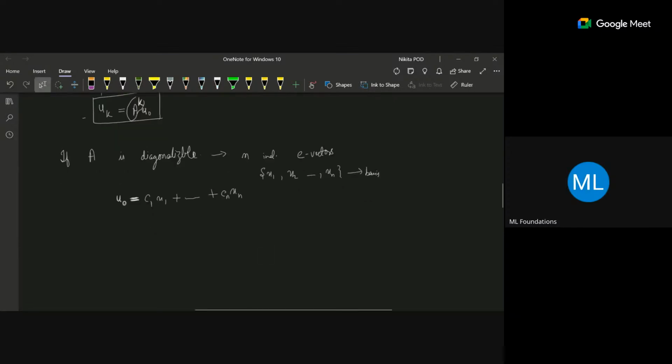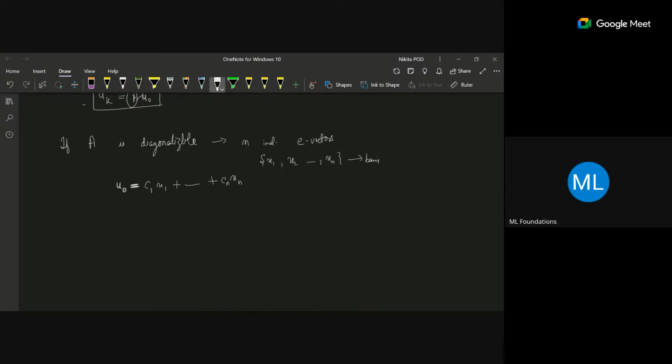Okay. So again, we'll do the same process. We'll multiply this with A, and I'll just skip the steps here, and I can write it as c1 lambda 1 x1 plus up to cn lambda n xn, right?